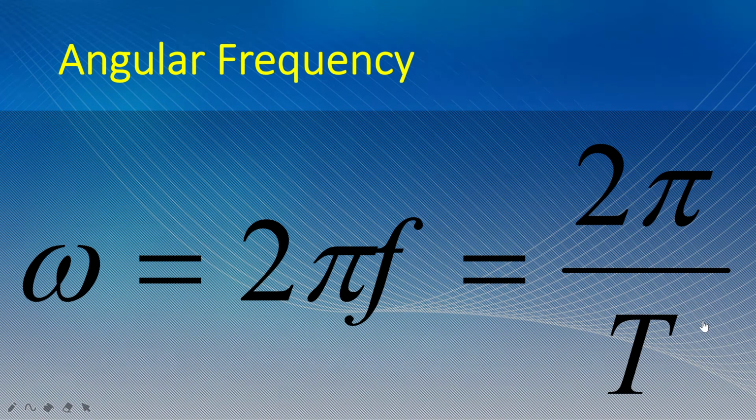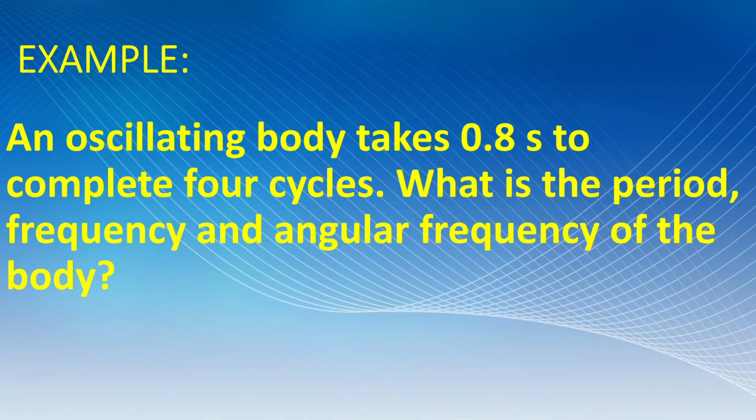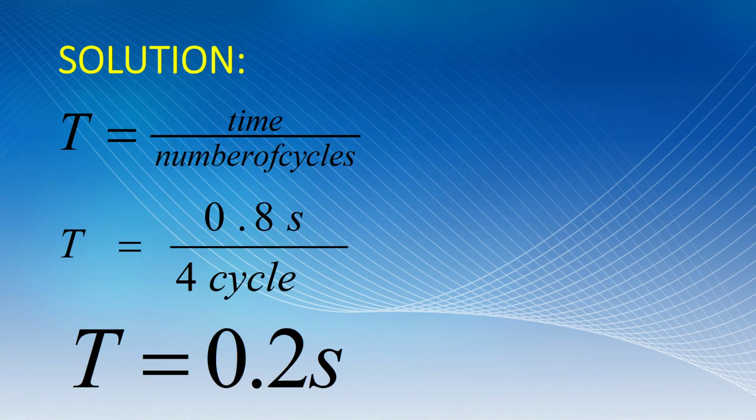Now let's look at an example. An oscillating body takes 0.8 seconds to complete 4 cycles. What are the period, the frequency, and the angular frequency of the body? We have this solution. T is equal to time over number of cycles, because as we said a while ago, period is the time required to make a complete cycle.